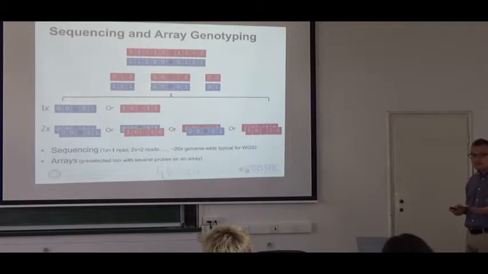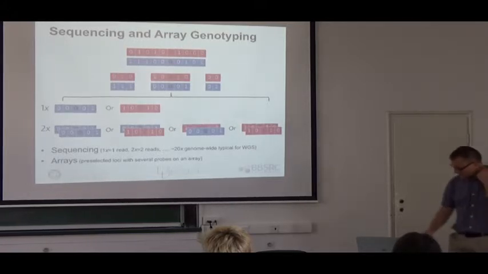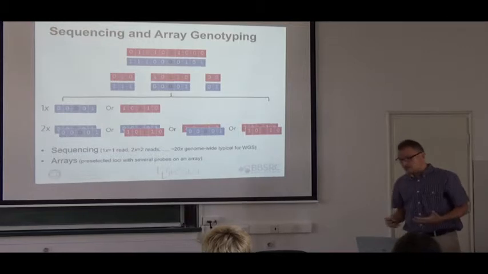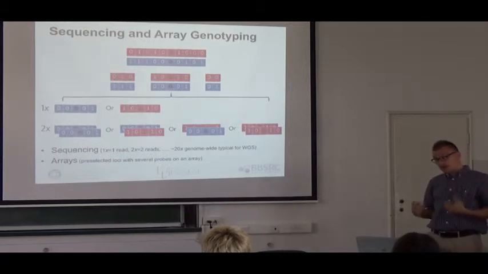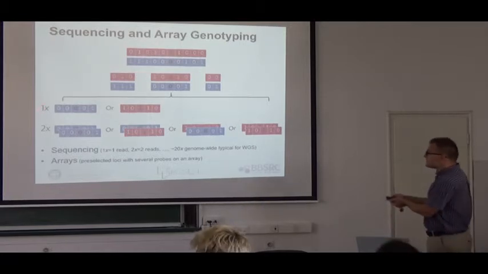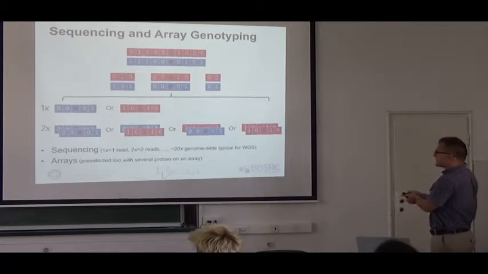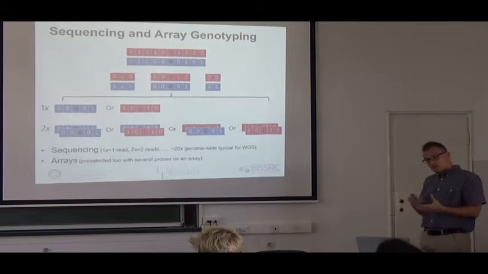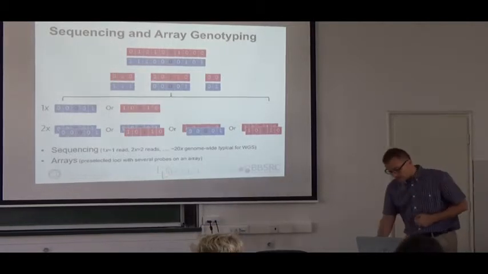So in a way, you can think about array genotyping as really high coverage sequencing of particular parts in the genome. And obviously the array data is going to be very accurate, while the low coverage sequencing data might be quite inaccurate, in the sense that the reads might be quite accurate, but the genotype calls from them might be inaccurate or uncertain.